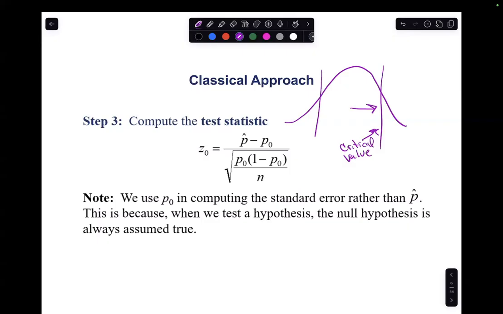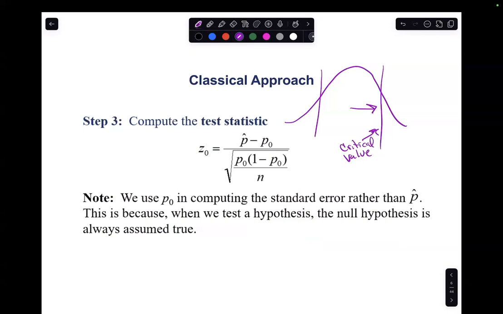That critical value, that's the same critical value that we were using for confidence intervals. It's the same thing. So the number of standard deviations we can be away from the mean and still be in that confidence interval is the critical value. The test statistic is the z-score of our sample. So we're comparing our test statistic to the critical value. That's what we're doing here.